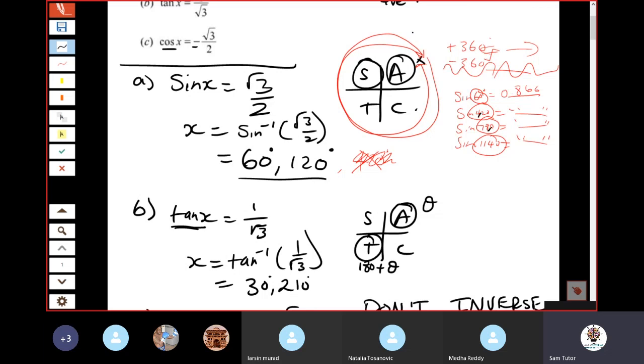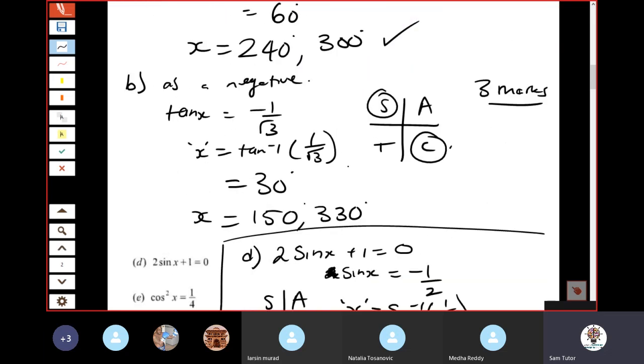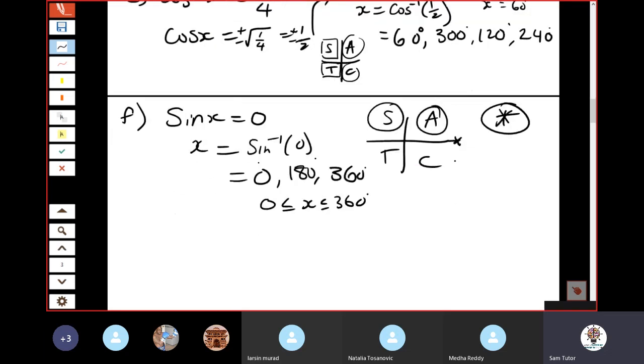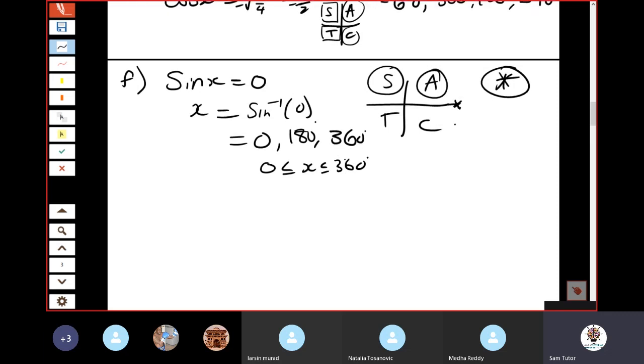But these ones we've ignored, and the only reason why we've ignored them is because they're outside of our domain. But if I have an angle that is 0 degrees, if I add 360, that's actually still within my domain, so I must write that as my 3rd answer. So if you ever have 0 as an angle, the next answer will always be 360 degrees, because that's still within your domain.